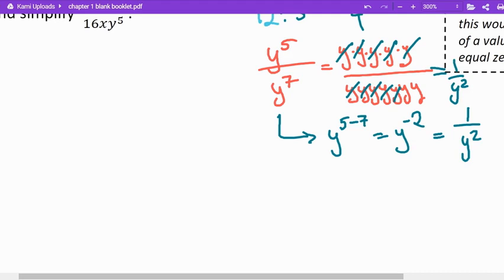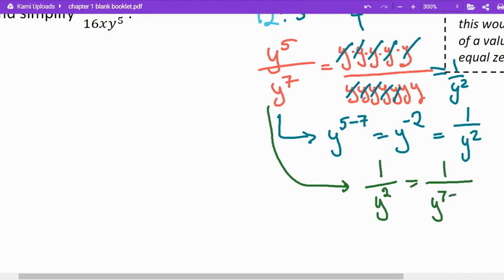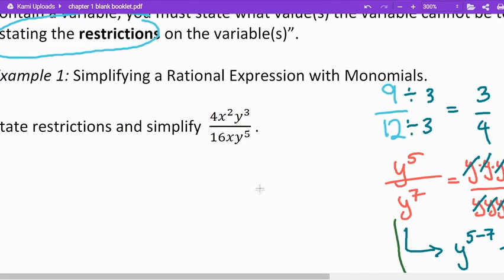And so I would actually skip right to 1 over y squared. Or you could say, I know it's going to be in the denominator, so I will go 7 minus 5. Do you see this? I've given you a few options for how to deal with exponents. All right, so let's go ahead and simplify this.